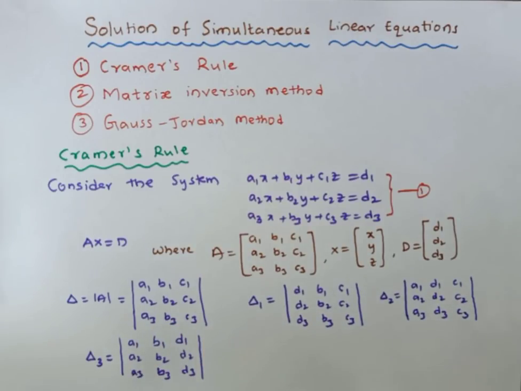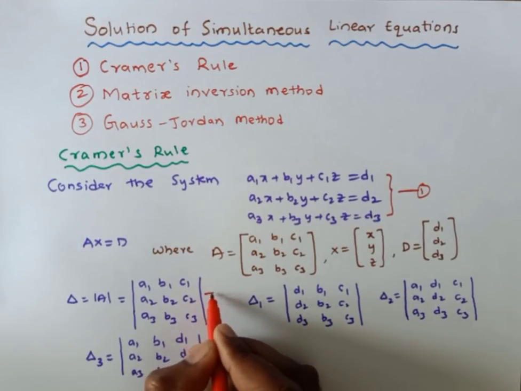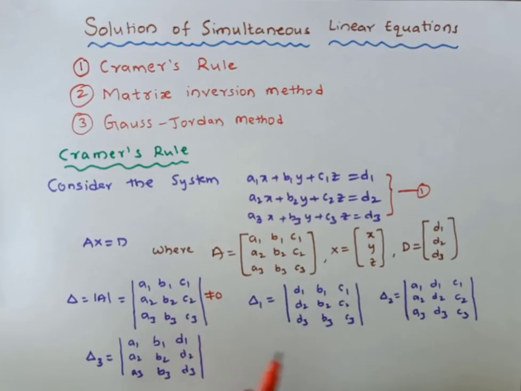We need to apply Cramer's rule whenever the determinant of A is not equal to 0. If the determinant of A is not equal to 0, then we proceed with the method. Otherwise, Cramer's rule is not applicable for the given system.